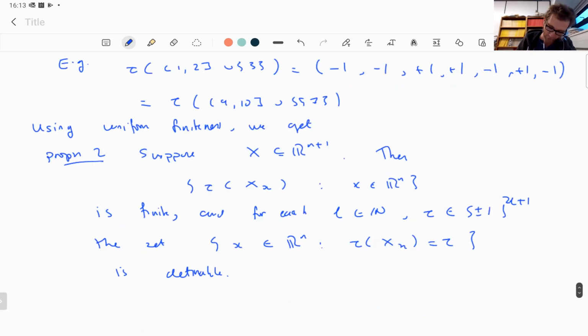And then we had this proposition saying if we have a family of one variable sets, then the set of possible types is finite, and for each possible type, the set of parameters where we have that type is definable. So by this, and using cell decomposition in Rn, we can assume that the type is constant.